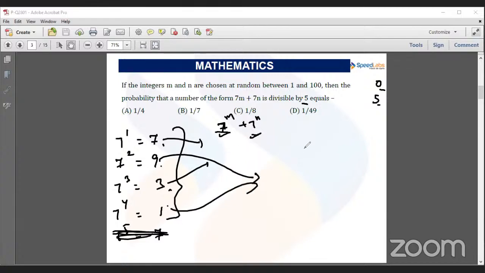So when our pairs are formed with 7 and 3 at the end, 7 power m should end with 7 and 7 power n should end with 3, and vice versa, 7 power m ends with 3 and 7 power n ends with 7, or else 9 and 1.